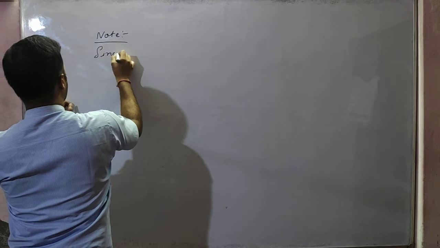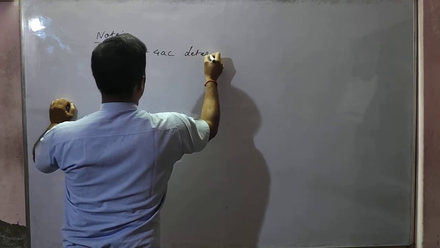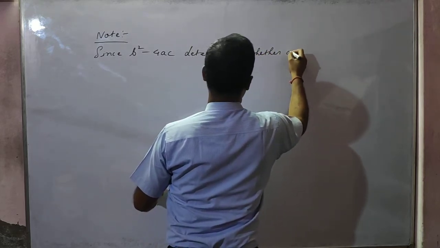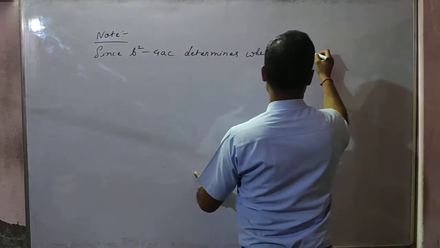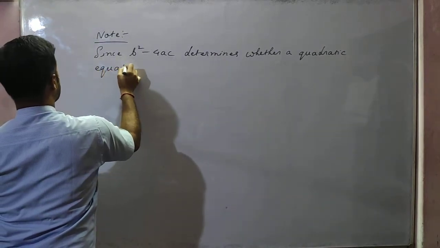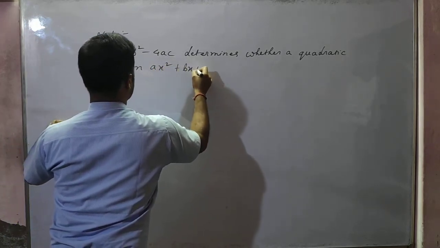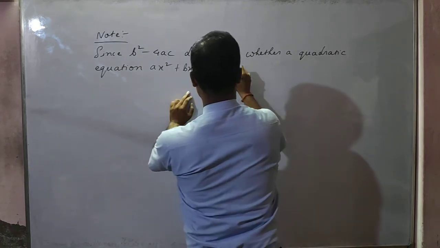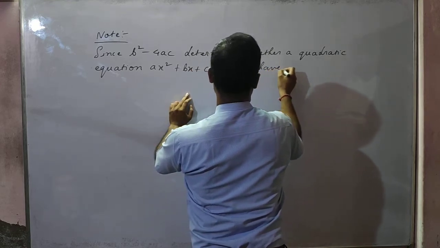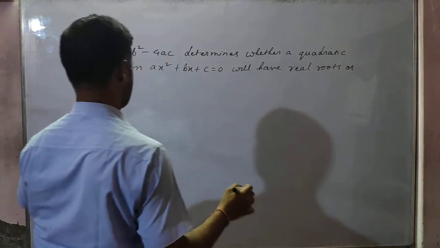Since b square minus 4ac determines whether a quadratic equation ax square plus bx plus c is equal to 0 will have real roots or not.